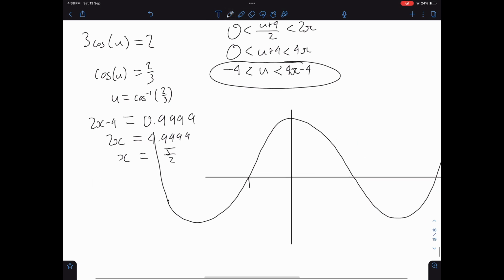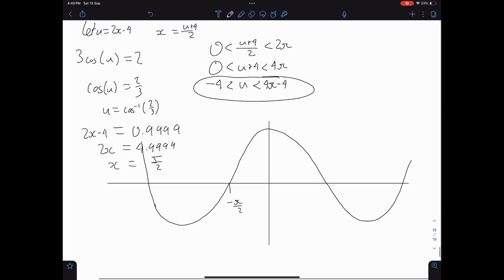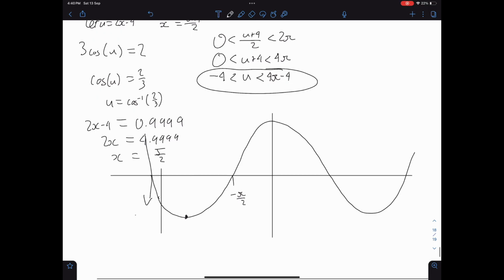This is 0, this is negative pi over 2. Um, 4 is going to be roughly here, because this is pi here, and then that's going to be negative pi down here, and that's negative 3 pi over 2.